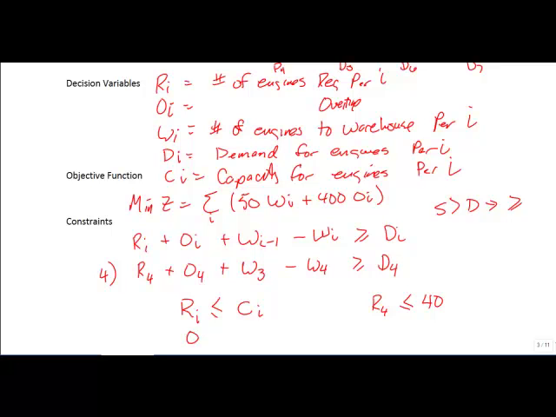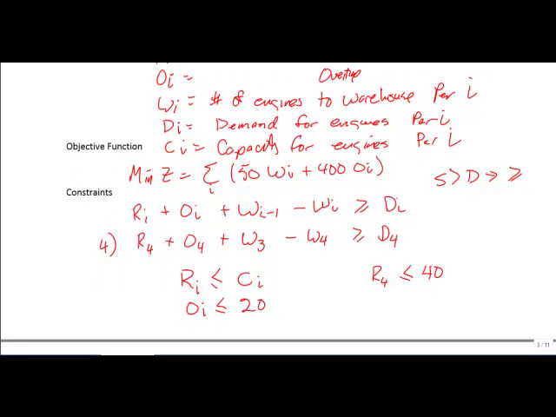Overtime production for every period has to be less than or equal to 20. We can only produce 20 engines in overtime during those periods in which they can be used. And our final constraint, non-negativity: R sub I, O sub I, W sub I has to be greater than or equal to 0 for every period I.